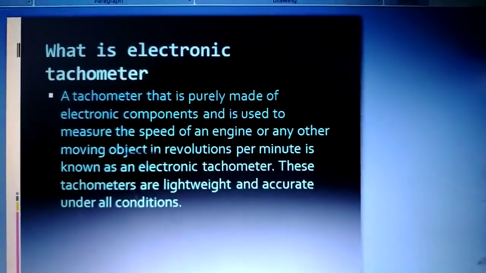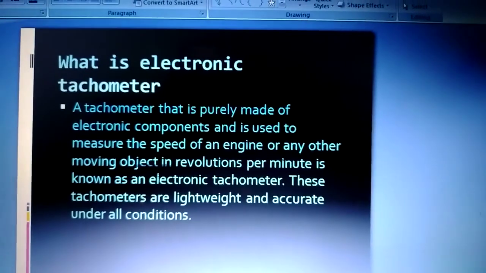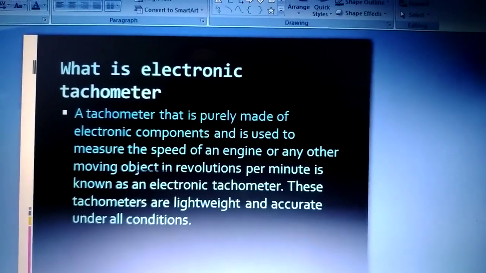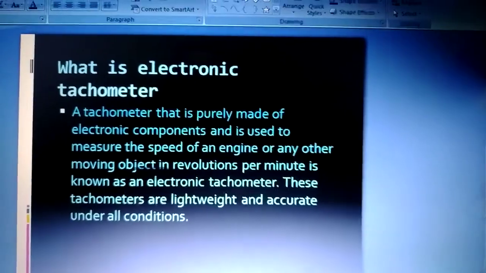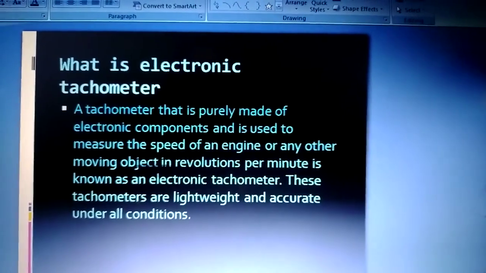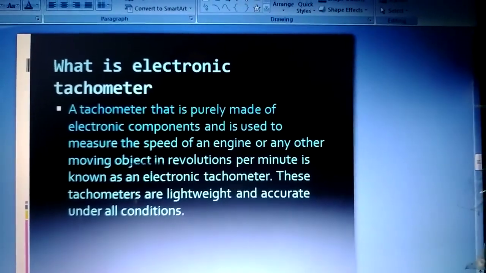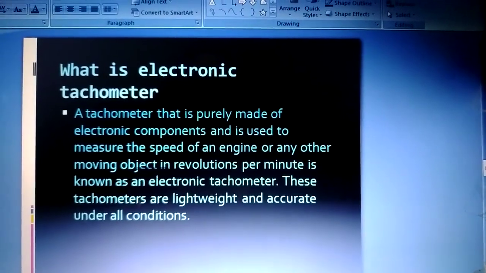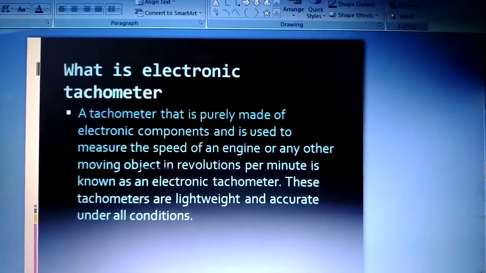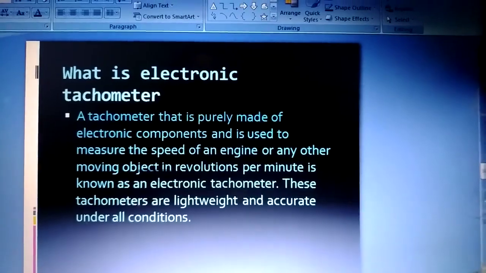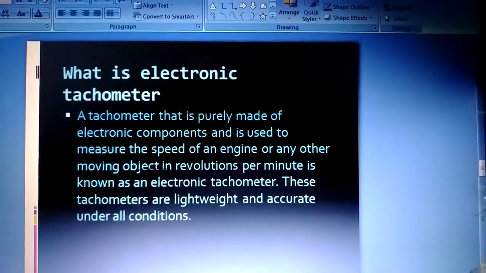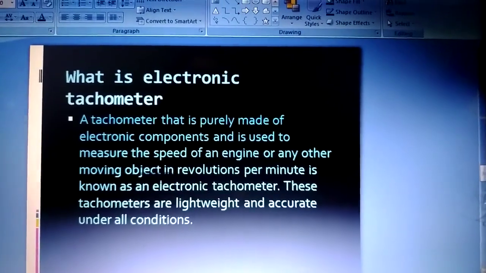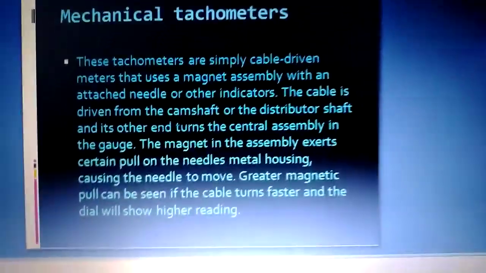What are electronic tachometers? They are purely made of electronic components, used to measure the speed of an engine or any other moving object in RPM. These tachometers are lightweight and accurate under all conditions. Electronic tachometers are always advantageous over mechanical tachometers. Examples are drag cup tachometers and AC or DC tachometers.